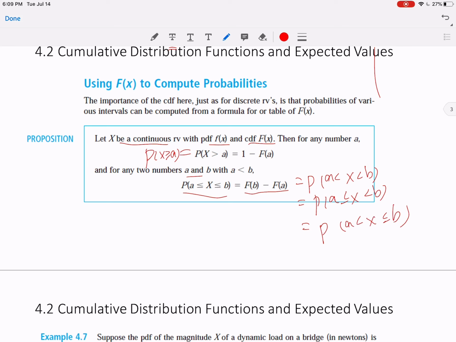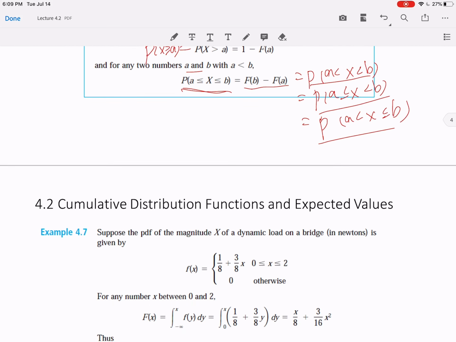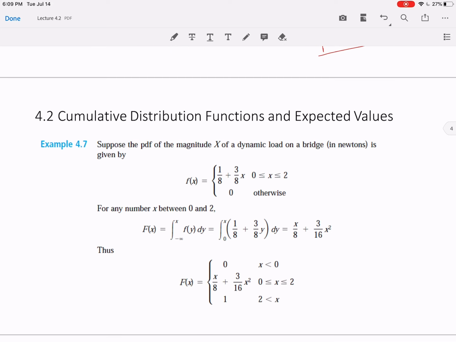So those four probabilities are always equal to each other, because once again the probability of a single point of a continuous random variable is always equal to 0. I think this part is pretty straightforward if you understand section 3.2 well. Once this makes sense to you, let's take a look at this example here.